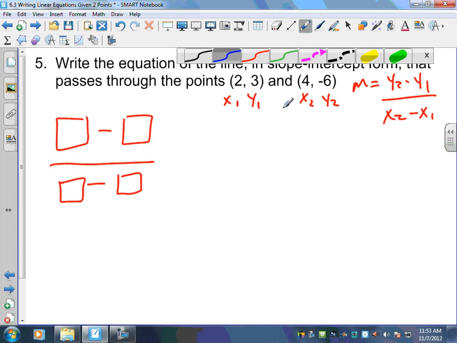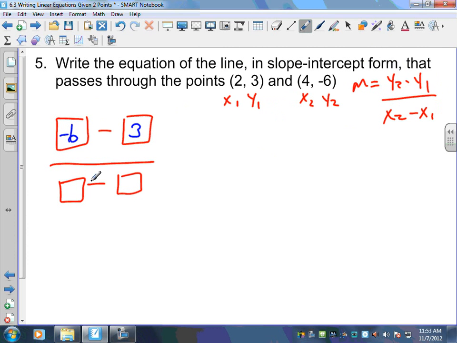So that means that I have, thank you R2, y2 is negative 6, y1 is 3, x2 is 4, x1 is 2. Negative 6 minus 3 is negative 9. 4 minus 2 is 2. This gives me negative 9 over 2.